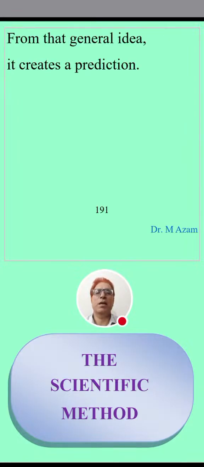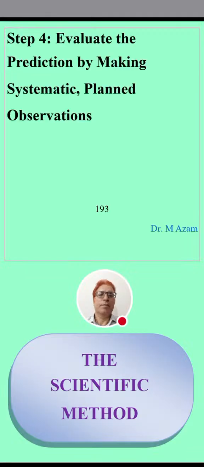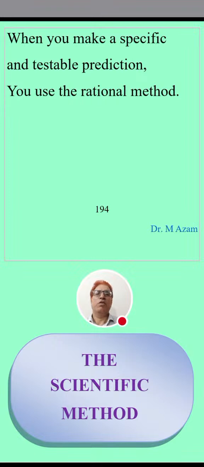From that general idea, it creates a prediction. This prediction is about specific observations. Step 4. Evaluate the prediction by making systematic planned observations. When you make a specific and testable prediction, you use the rational method.